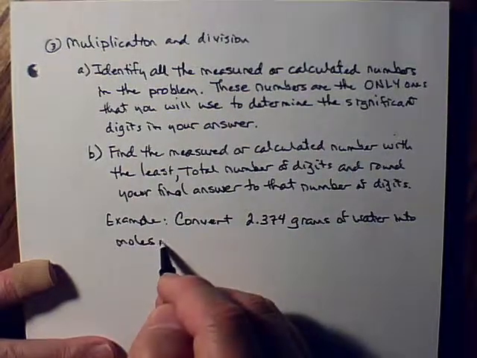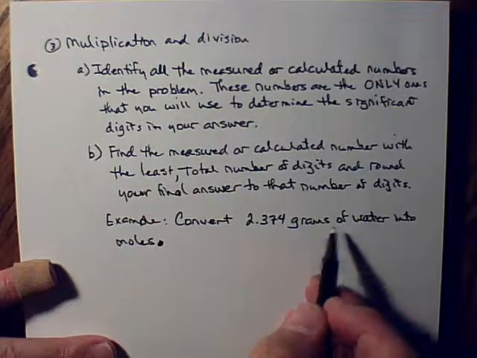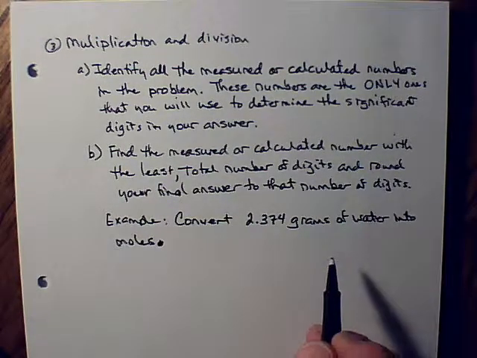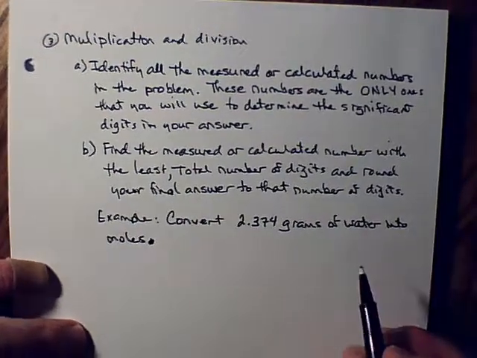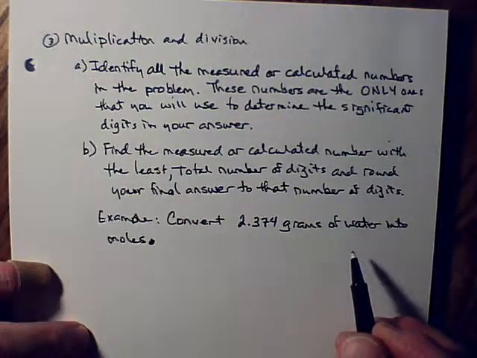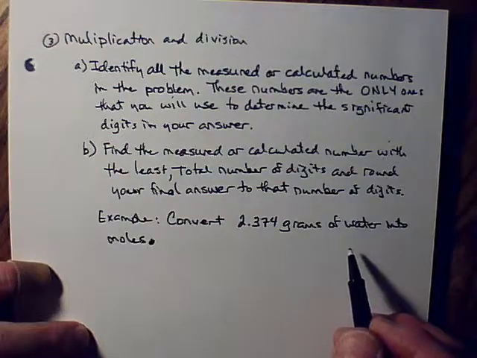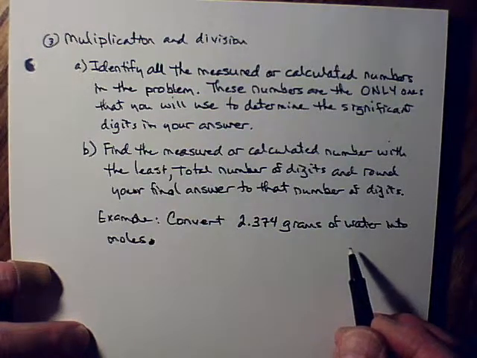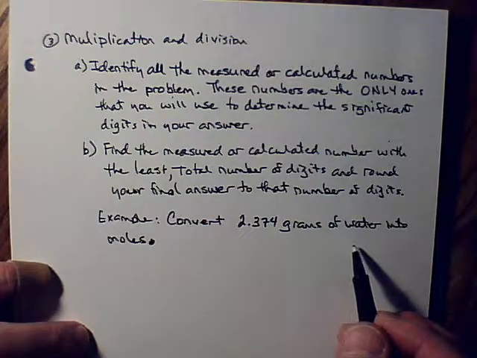Now to do this, we've got to know the molar mass of water. If you're converting from grams to moles, or from moles to grams, you must know the molar mass. Molar mass is that magic equality statement that allows you to convert between grams and moles, or moles and grams.